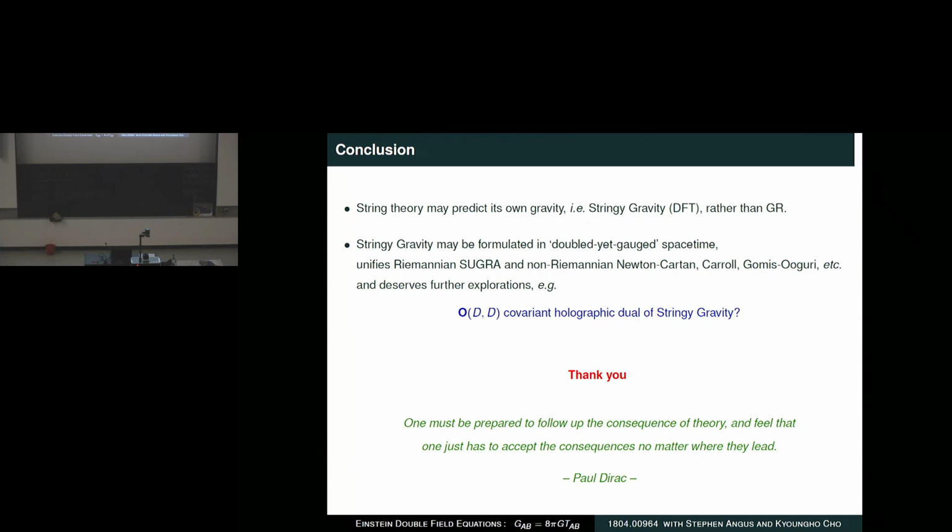I mean, it is not realized linearly, right? O(D,D) is linearized in this DFT O(D,D) covariant variable like the generalized metric and dilaton. But in terms of g, B, phi, it's basically non-linear. Okay, maybe we can discuss later.